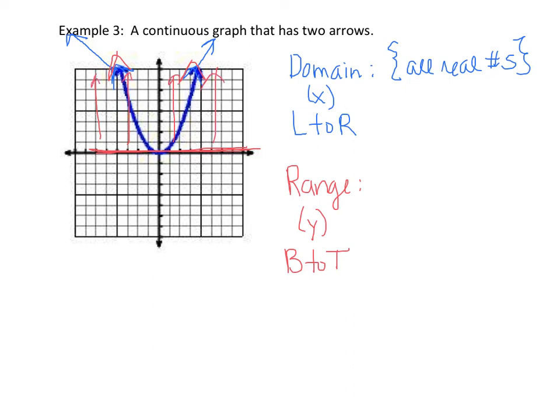So is that less than or is it greater than? Well, it's above, so that represents all the y values that are greater than or equal to 0. Now, why did I put the line under it? Because it has a point that is at 0, because that comes down and comes back up. So that point is included. So I have to put the line under it.